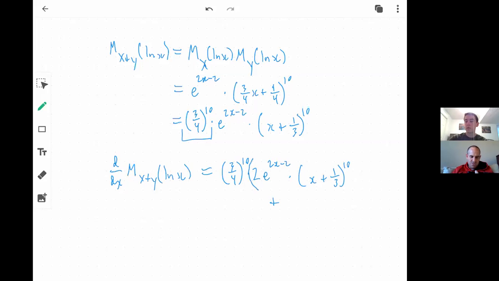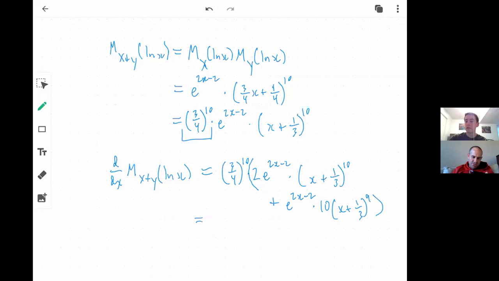So the derivative of the first times the second plus the first, which is e to the 2x minus 2 times the derivative of the second, which is 10 times x plus a third to the 9th. That's the reason I pulled out the 3/4, by the way, so I wouldn't have to use the chain rule. Does that make sense? Yeah.